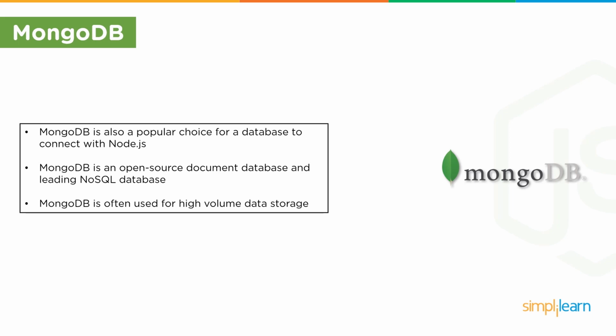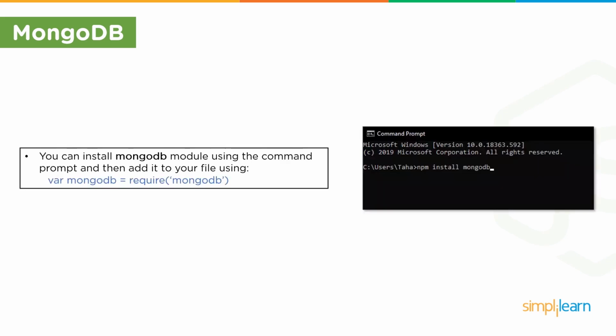MongoDB, the difference between that and MySQL is MongoDB is a NoSQL environment. We actually have a MongoDB video where it shows Node.js and MongoDB working together with each other. I highly recommend for you to check that out if you want to see how that works. And as you can imagine, putting in MongoDB is also very, very easy.